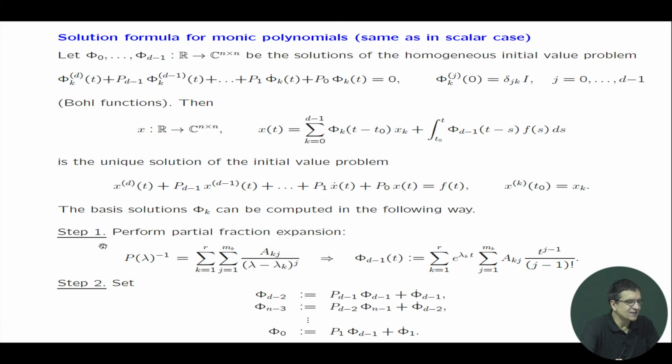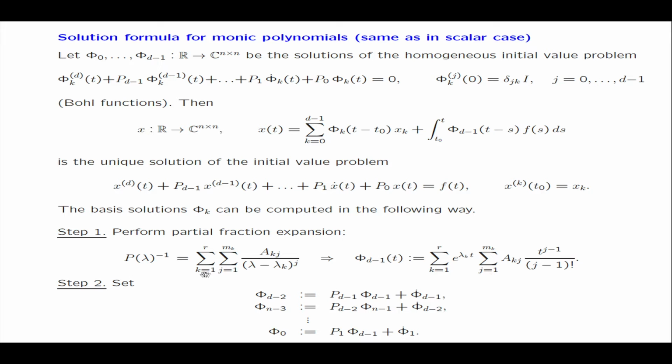And here is again the method how to obtain these matrices. First of all, take the inverse of the polynomial, and then each element of the inverse is a rational function.